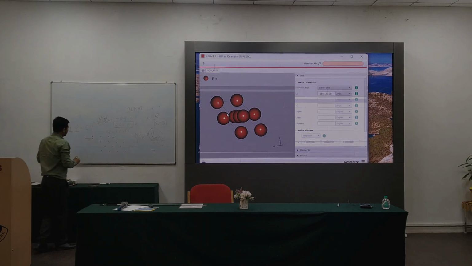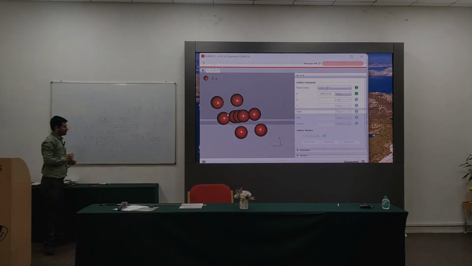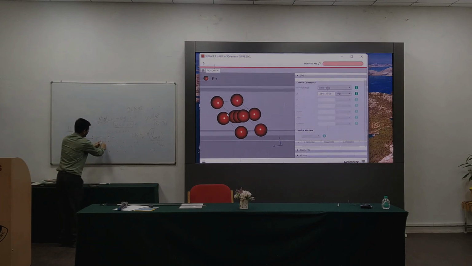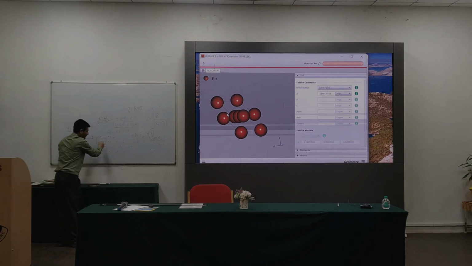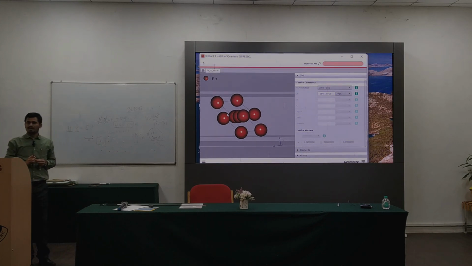Now suppose I make a box like this. If I repeat this box, I will get all the points. So this is called a primitive cell or unit cell. Why?